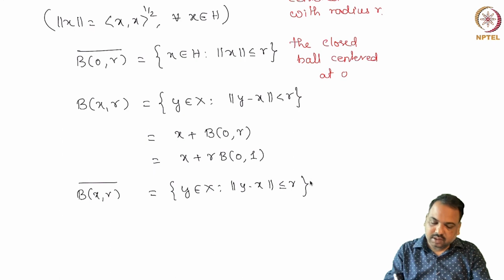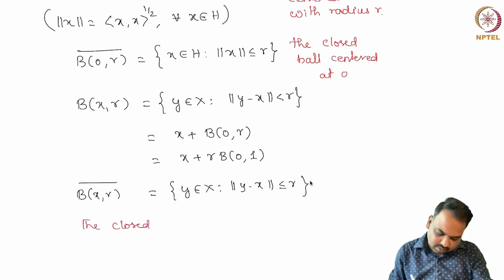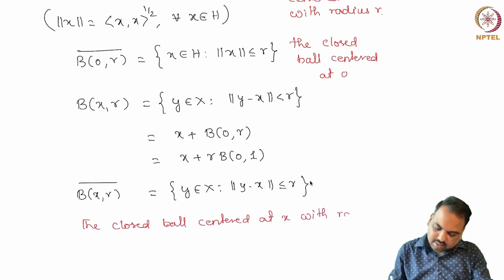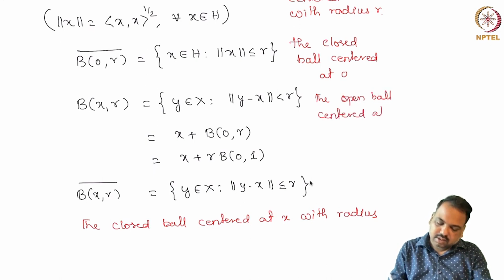So this is the closed ball centered at x with radius r, and the other one is the open ball centered at x with radius r.